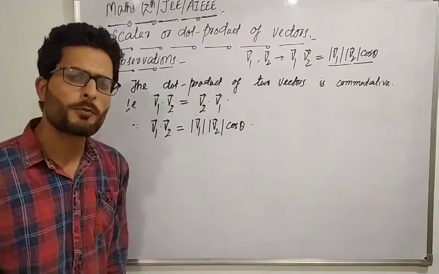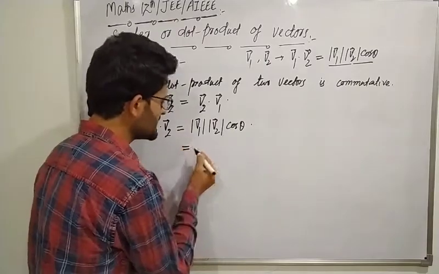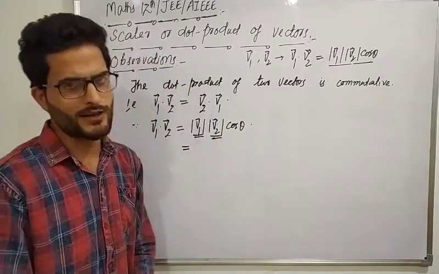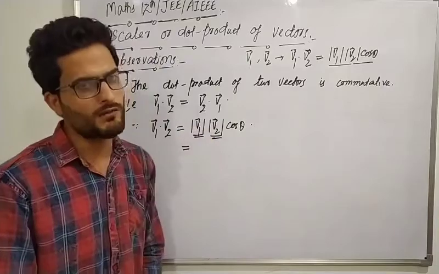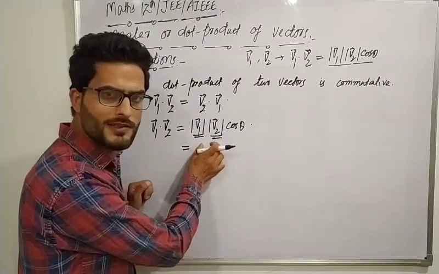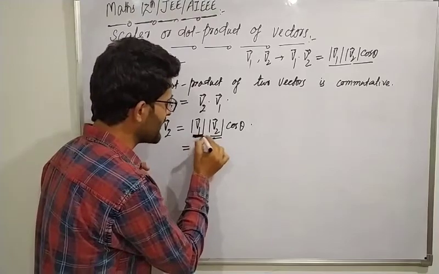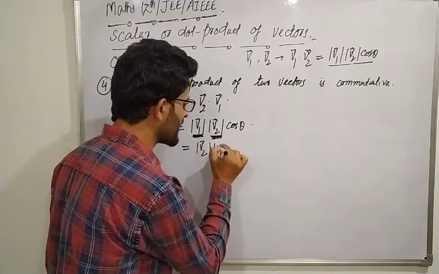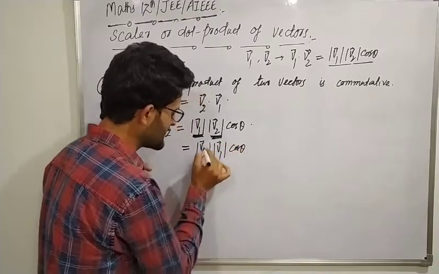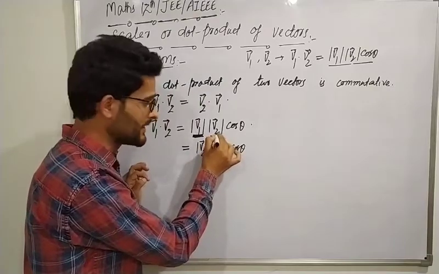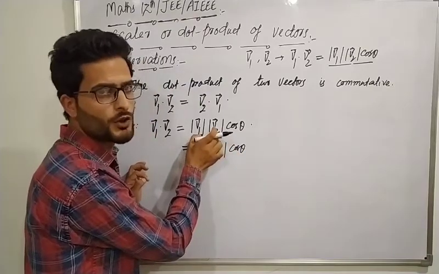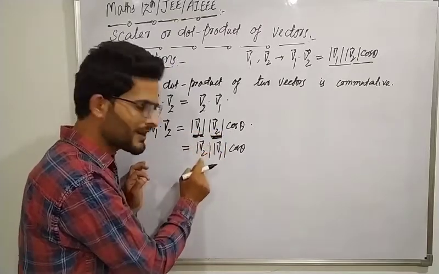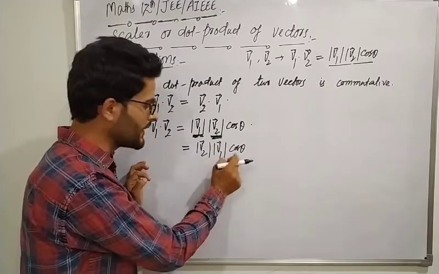This can be further written as follows. Since magnitude of v1 is a scalar quantity and magnitude of v2 is a scalar quantity, and the product of two scalars, that is the product of two real numbers, is always commutative, instead of magnitude of v1 into magnitude of v2, we can write magnitude of v2 into magnitude of v1 into cos theta.